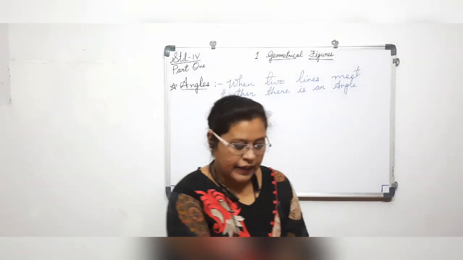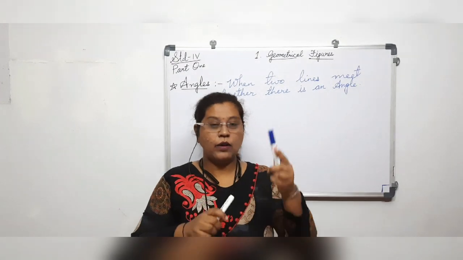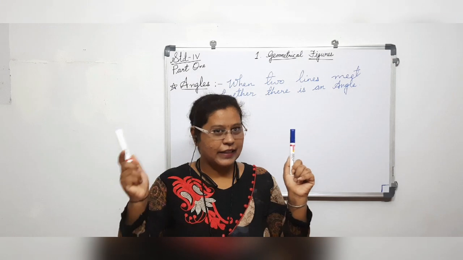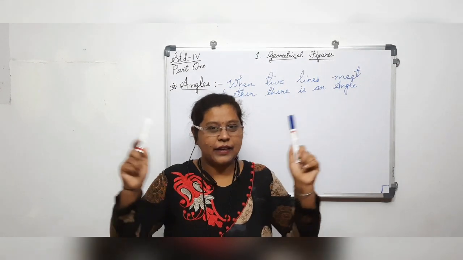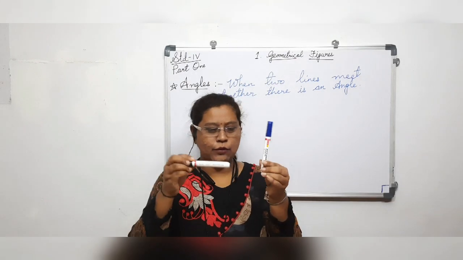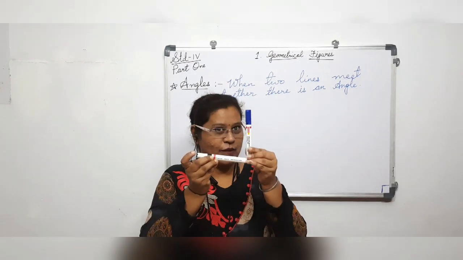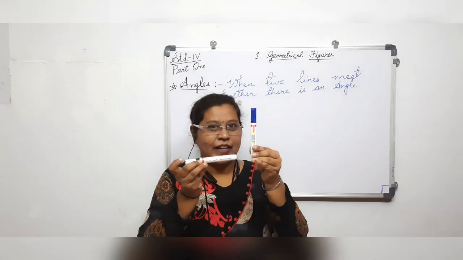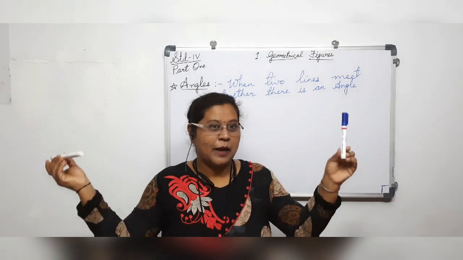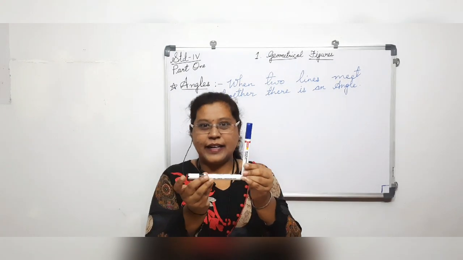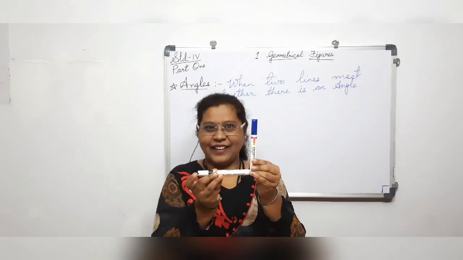And you can see these two marker pens I hold. This is one marker pen, this is another marker pen. These are like two lines. They are different, but when I join them together at this point, it forms an angle. When I separate them, there is no angle. When I join them together at one point, it forms an angle.